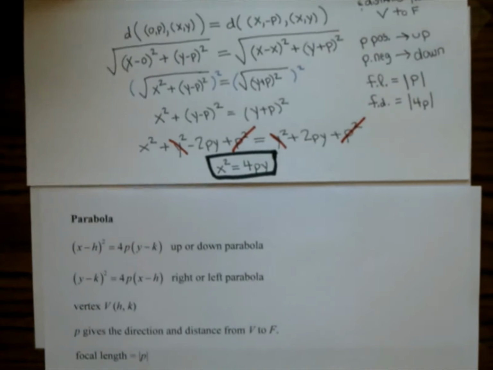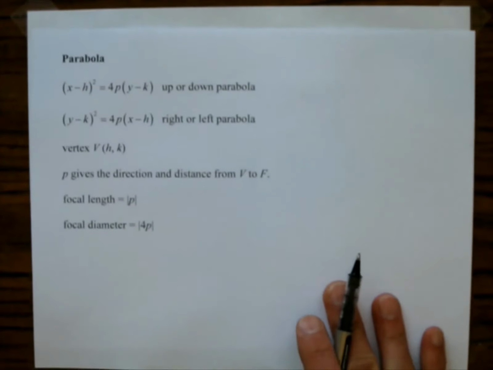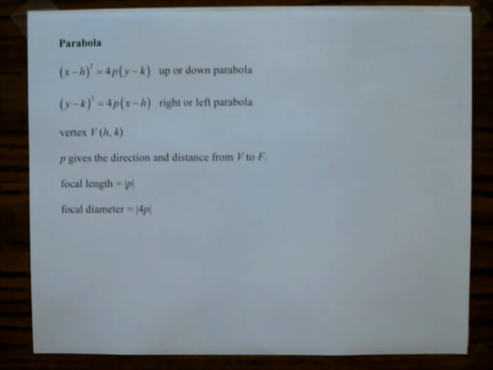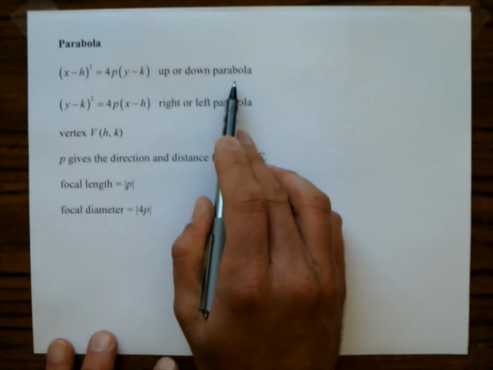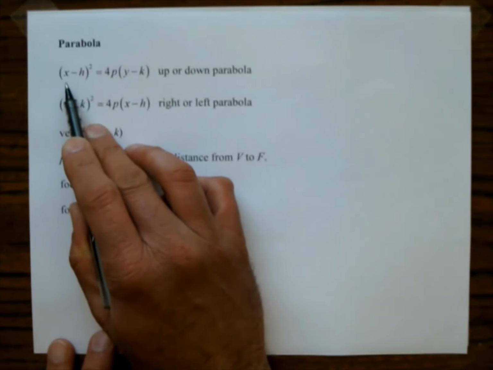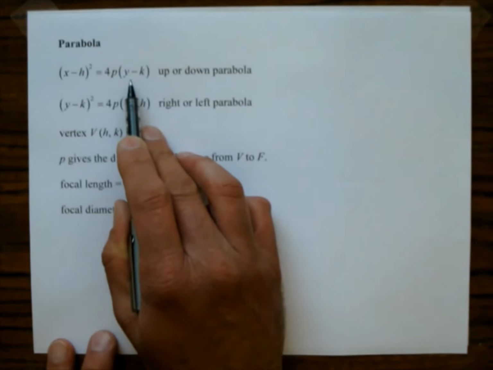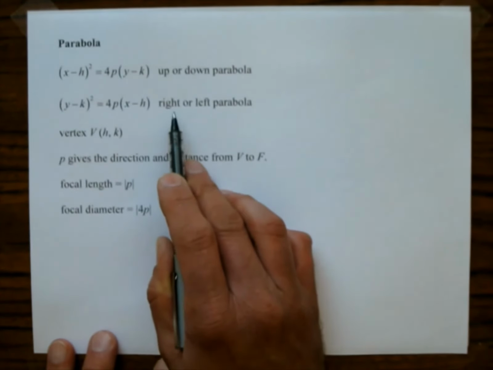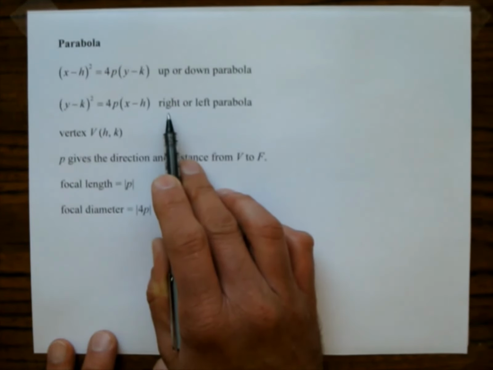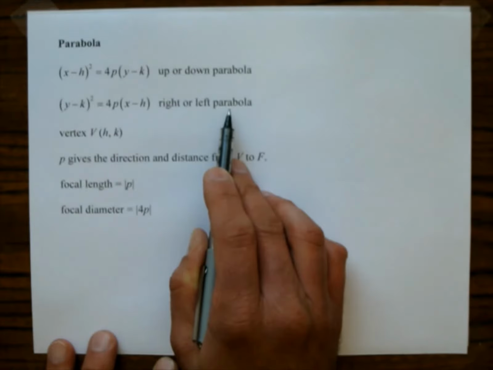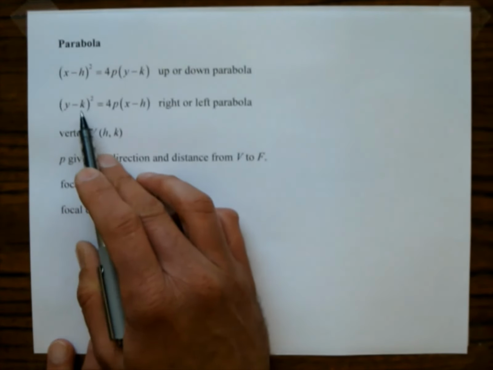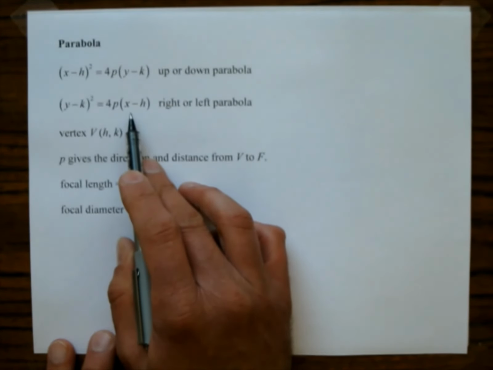So let's take a look at what we have here. We have our up or down parabolas, which will always have an x squared in them, and then the y will not be squared. And I know this is a shocker. We're going to have right or left parabolas where the squared is on the y and x does not have a square.